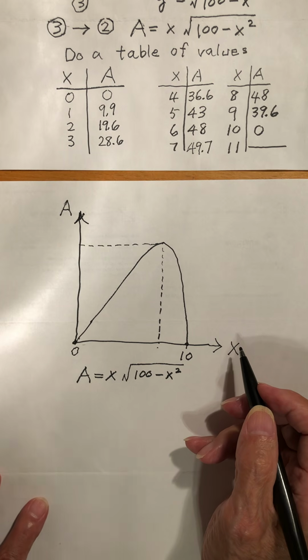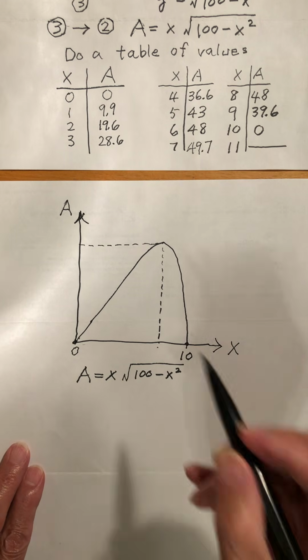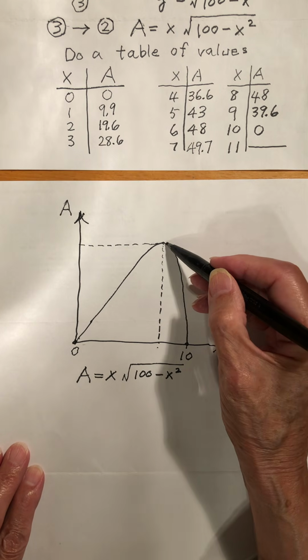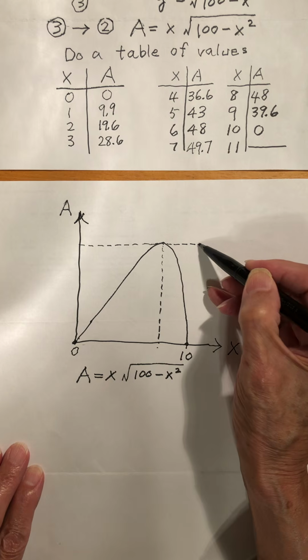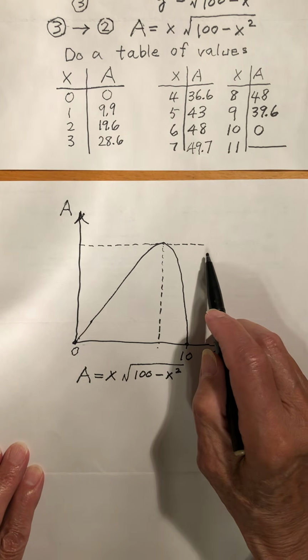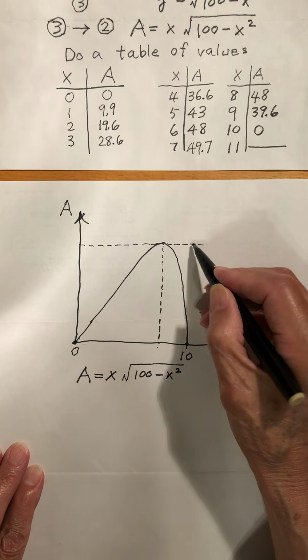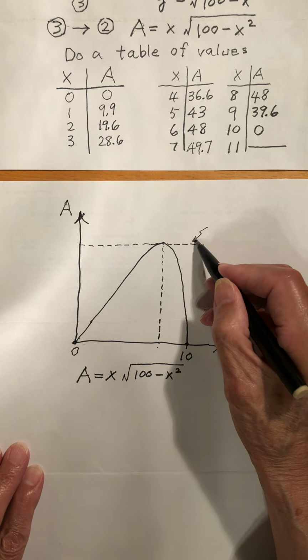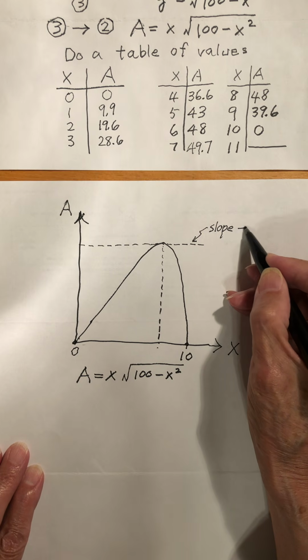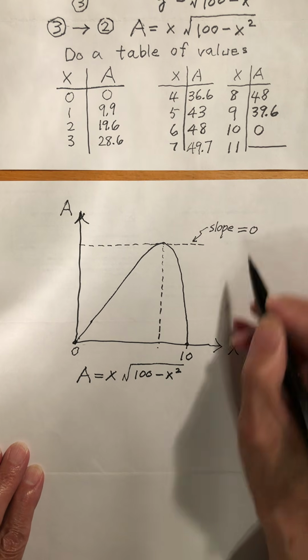So I do the derivative. You see, at the maximum value here, at the maximum area, the tangent is horizontal. Then the slope of this line is 0.